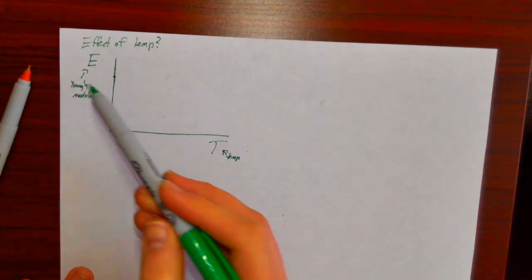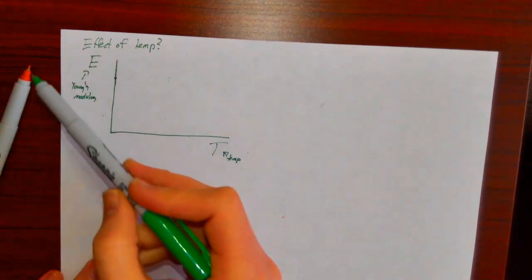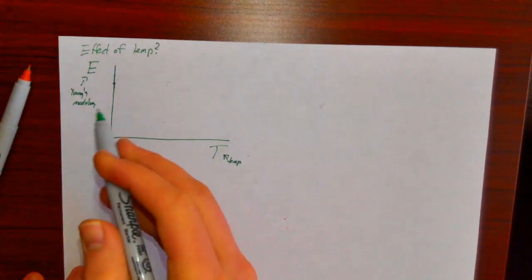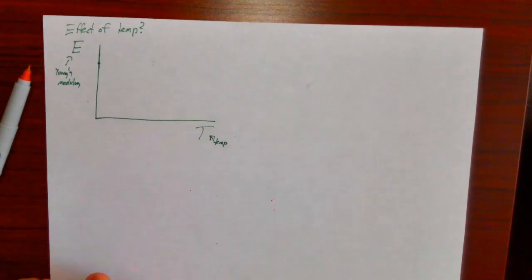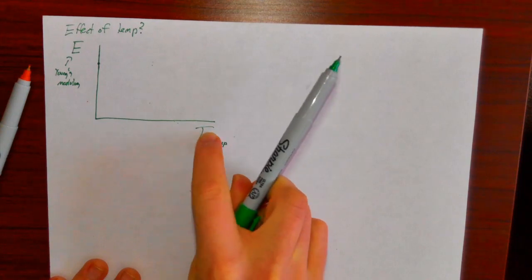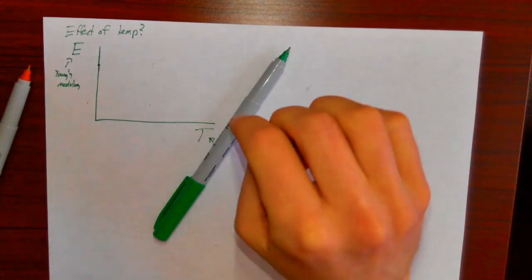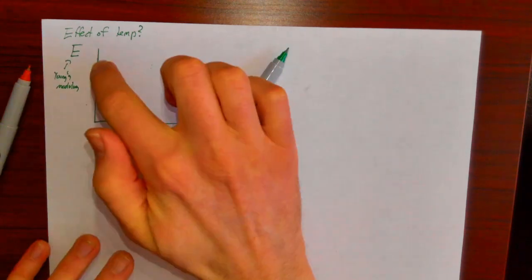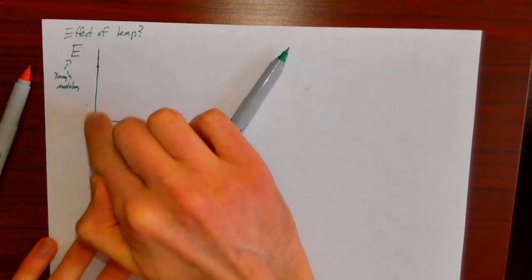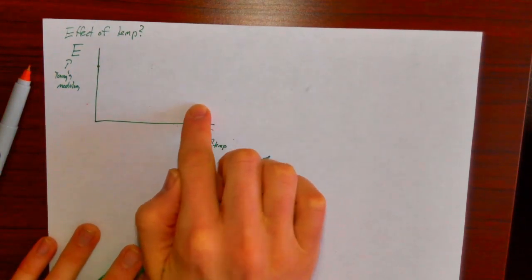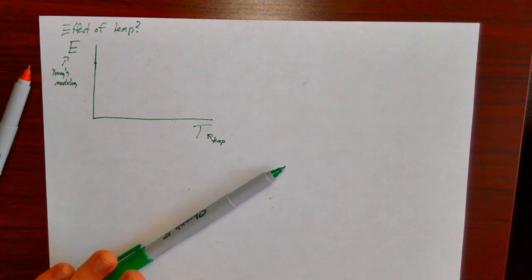What might you expect this curve in general to look like? Take a moment now and sketch what a general trend would be. Well, in general, as you heat something up, you typically would soften it, or make it more compliant. So the typical trend would be at low temperatures, we expect things to be very stiff, and at high temperatures, we expect things to be very compliant.